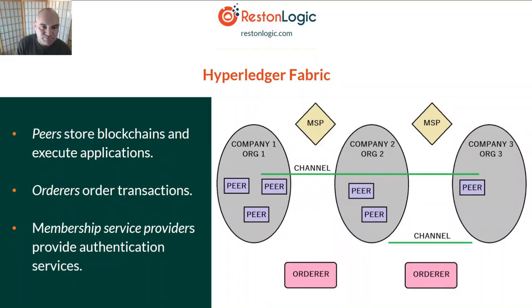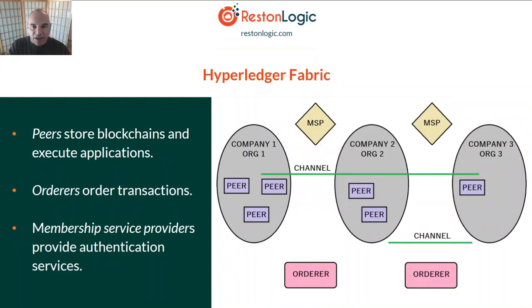There are 2 other types of computers, nodes, that are involved in Hyperledger Fabric networks. You also need what are referred to as orderers that decide on the order of the transactions in the blockchain. And you also have membership service providers that provide authentication services.